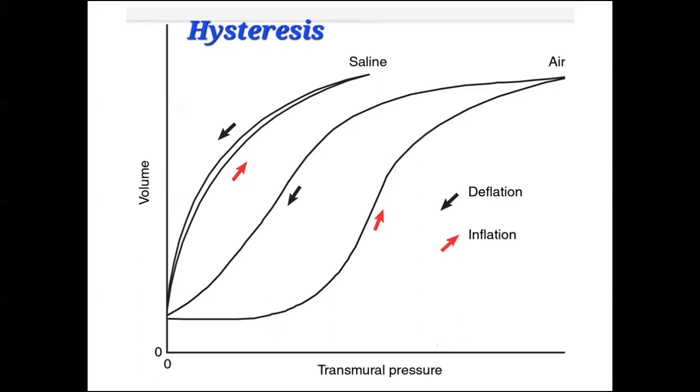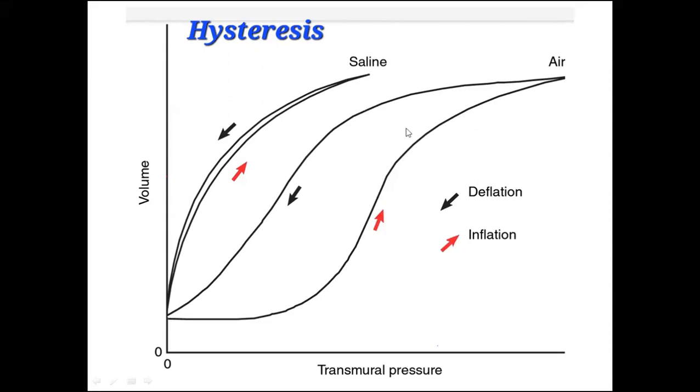So in inflation, you're doing more work. You are moving, but suddenly you reach a point where the compliance increases dramatically. And again, at a certain point, it becomes low because you over-distended. Once over-distended, you get low compliance because the over-distended alveoli compress the normal alveoli again.